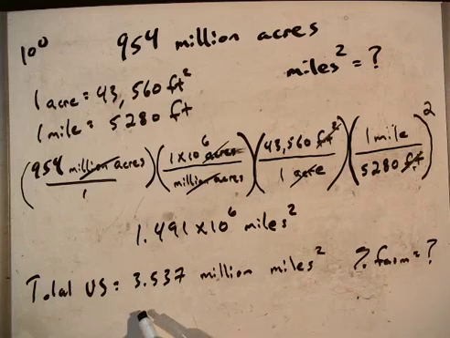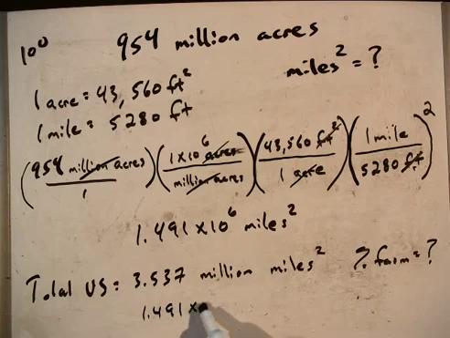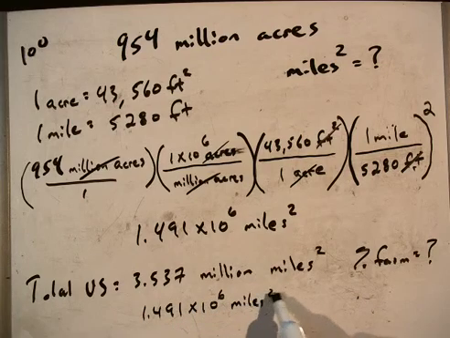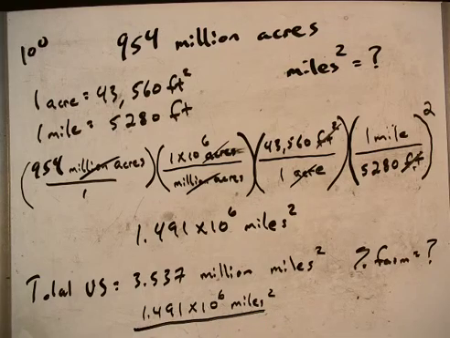It's not too difficult. We take what we calculated above, the 1.491 times 10 to the 6th miles squared, and then I'm just going to do the conversion very quickly here.